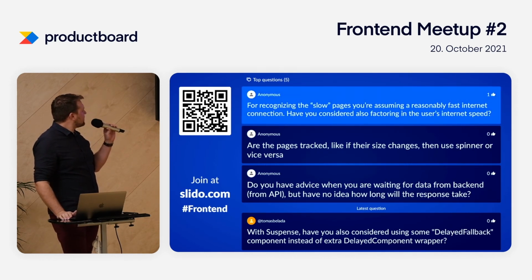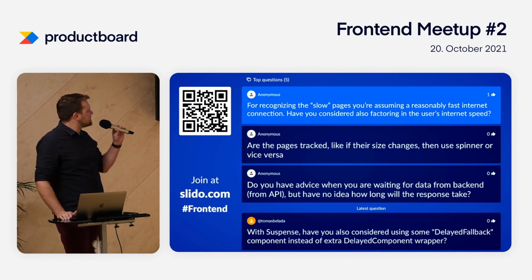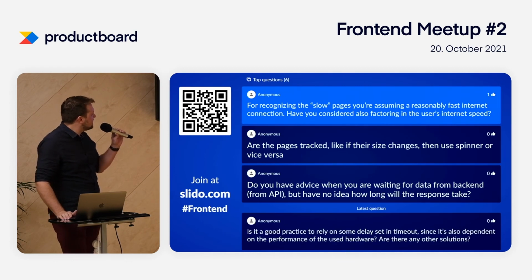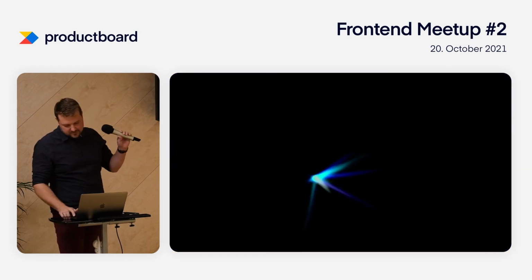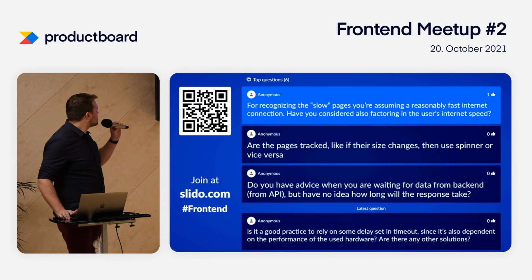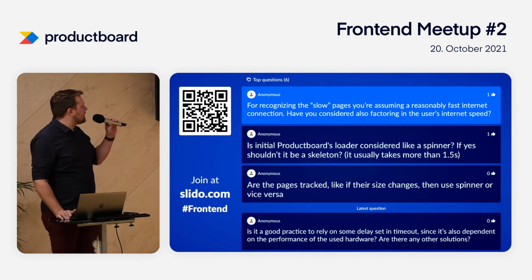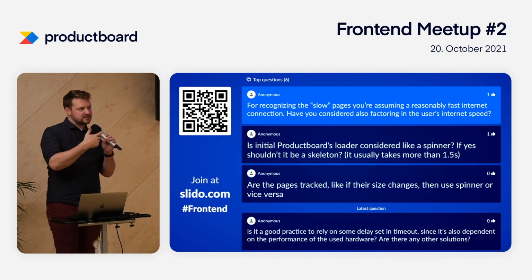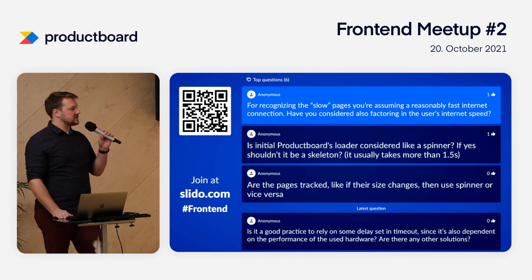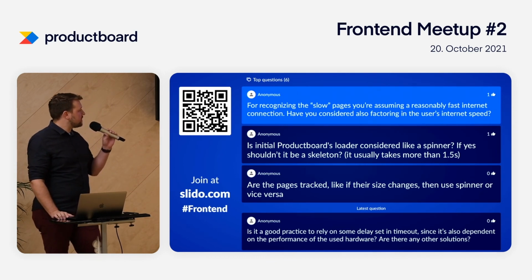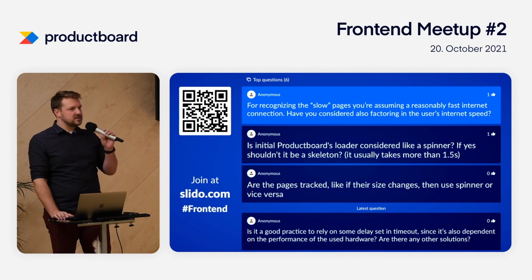For recognizing the slow pages, you are assuming a reasonably fast internet connection. Have you considered also factoring in the user's internet speed? I think this is really a similar question to this, like that people have different connections.